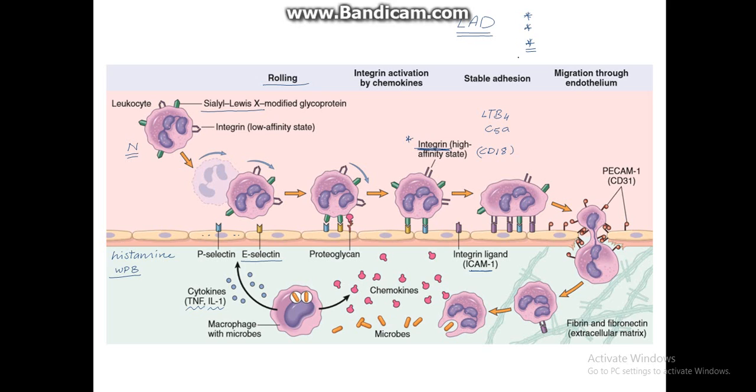Okay? So the next step is going to be transmigration, by which the neutrophil transmigrates from between the endothelial cells and into the tissue. And then we have chemotaxis.